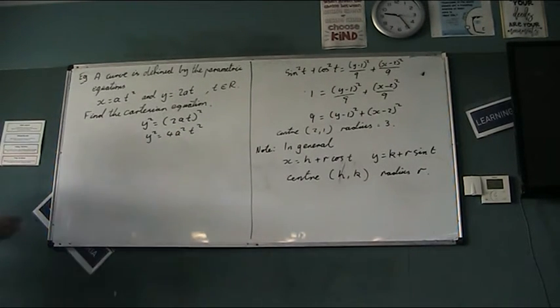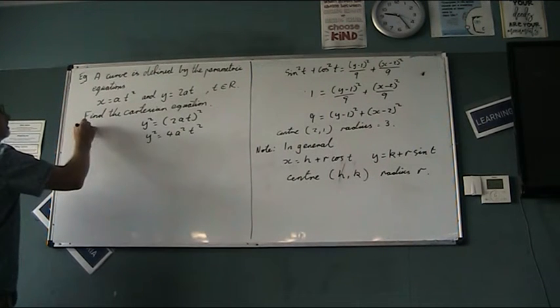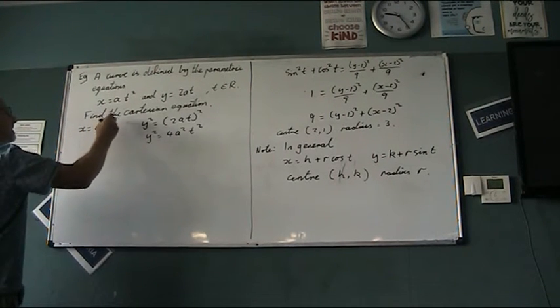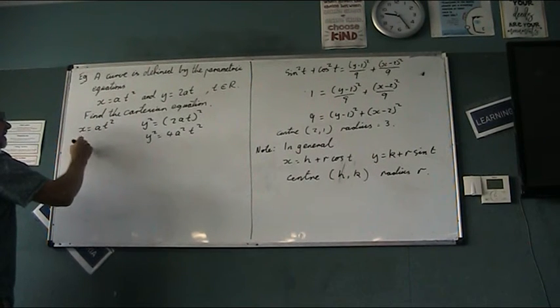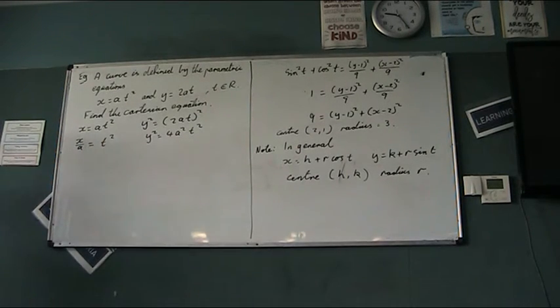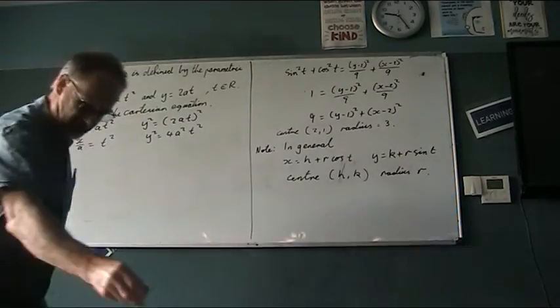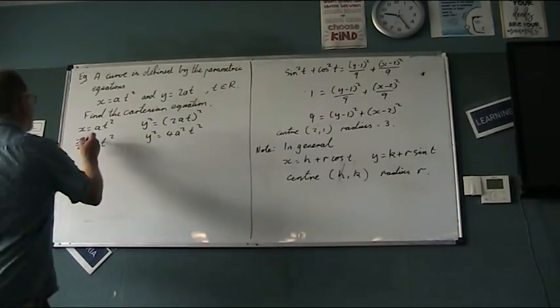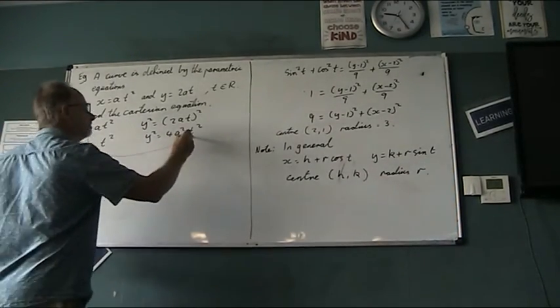Now, this one here, x equals at squared. If I divide by a, I'll get t squared. Now what? Substitute, yeah. So take this stuff here, put it in there.